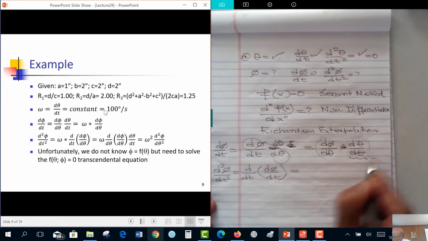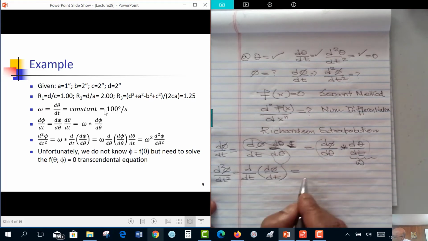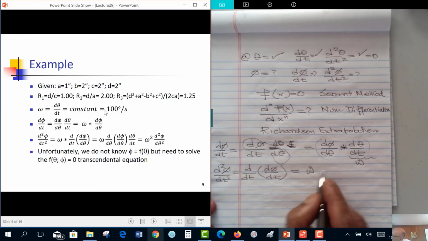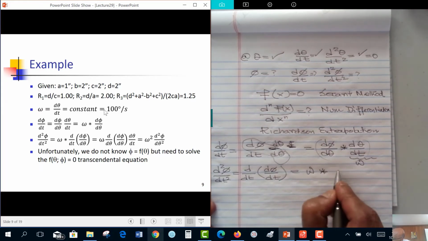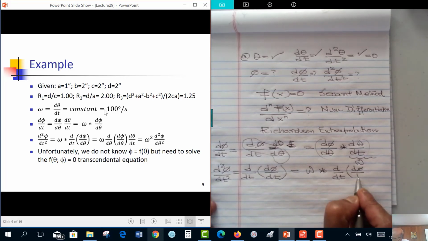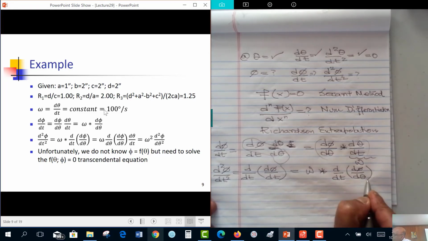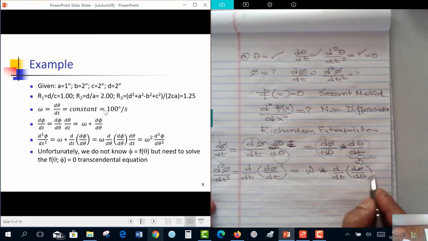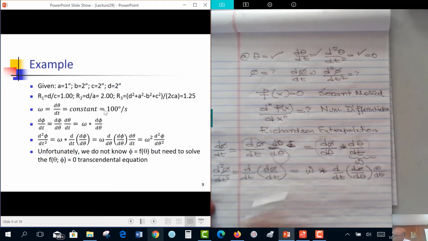Well, remember, this is omega, and omega is constant. Then we take d by dt of d phi d theta. Again, we multiply by d theta and divide by d theta.